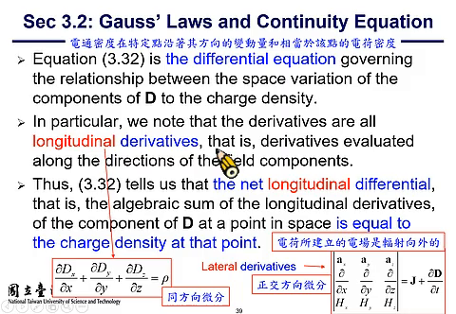Okay, so we see the lateral derivative can be written in the determinant form, so it follows the form of the cross product. As you can guess, the longitudinal derivative is another form of spatial differentiation, which is operated along the field direction. So it can be expressed in terms of what? In terms of the dot product format.